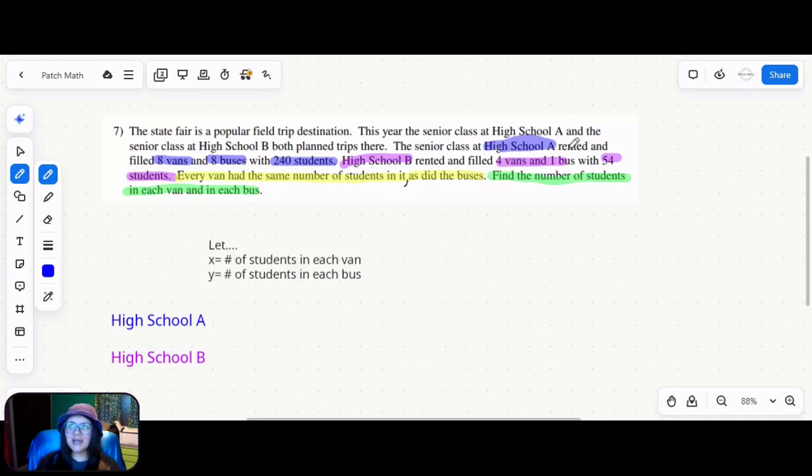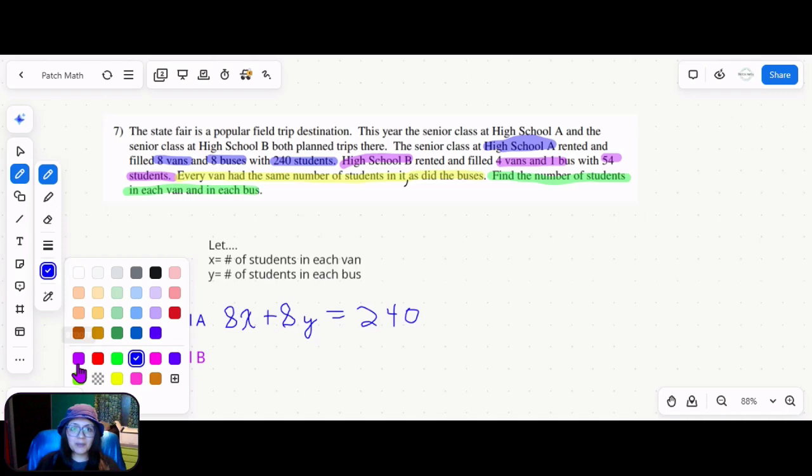High school A rented 8 vans, where X equals the number of students in each van, and 8 buses, where Y equals the number of students in each bus. If we find the total number of students on buses and add that to the total number of students in all the vans, that will give us the total number of students that went on the field trip overall, which is 240.